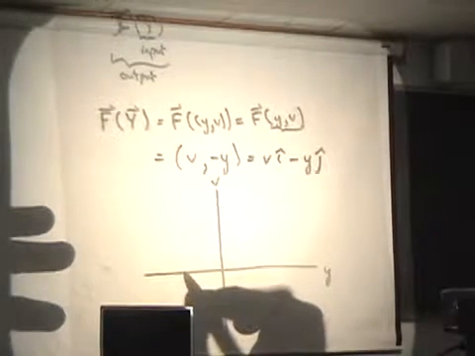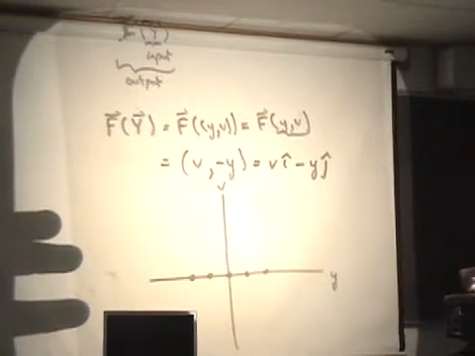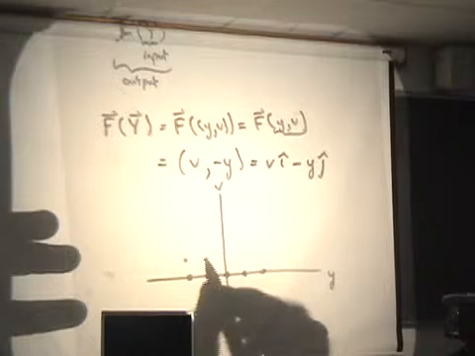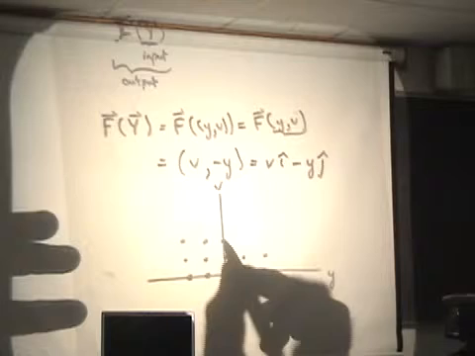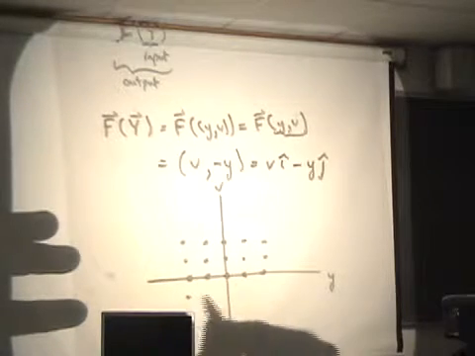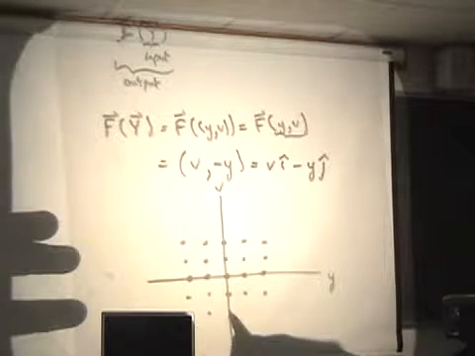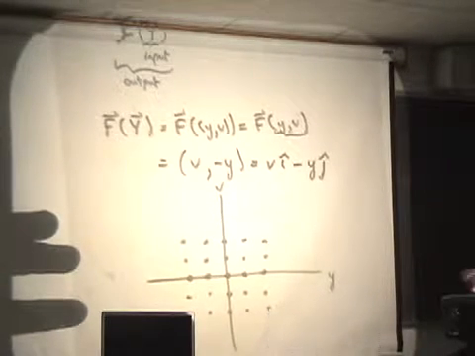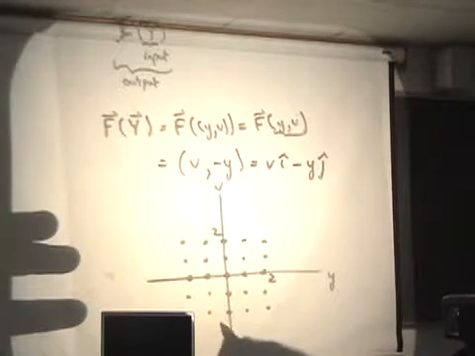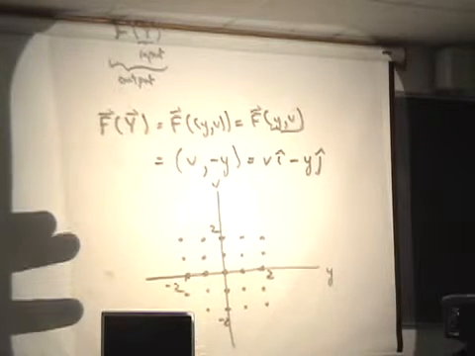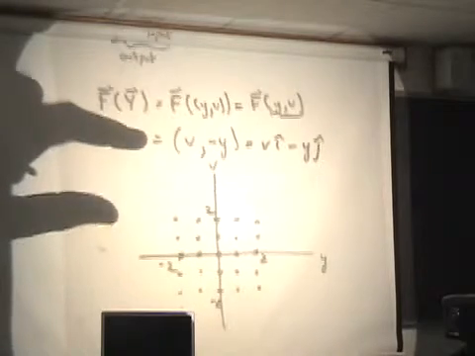A good grid to pick might be starting along the y-axis, where those dots are 1 unit apart, then going up along the v-axis. These are all 1 unit apart vertically and horizontally. This, for example, is y equals 2. This is v equals 2 up there. -2 down here, -2 over here. Think of those as your input points into the vector field.